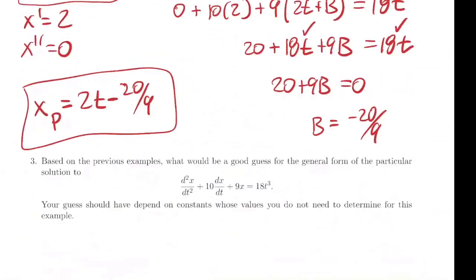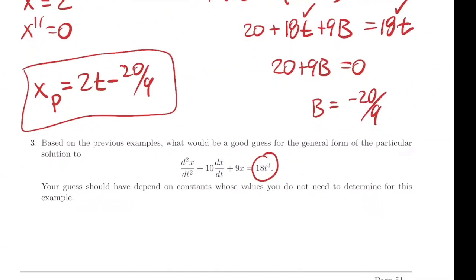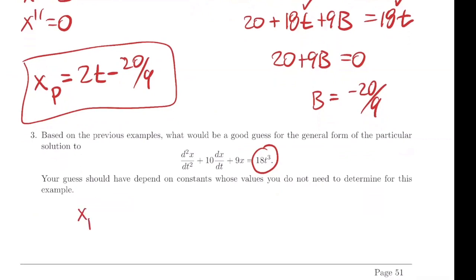And so if I have a cubic over here, I'm not going to solve this one, but at least what do you think would be a reasonable guess for a particular solution that might work? It's either going to be a quadratic or a cubic function.